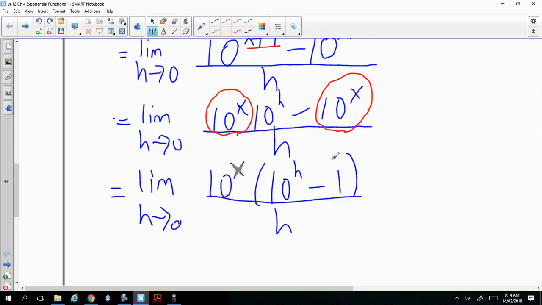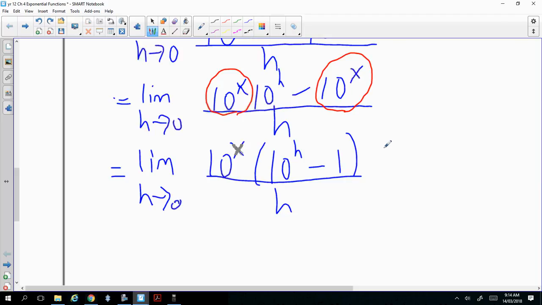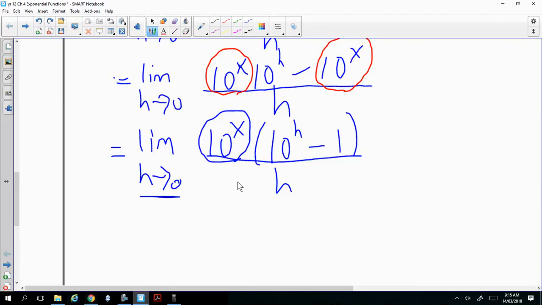So far we can't cancel h. Normally we can cancel the denominator out, but we can't in this case. But because h approaches 0, it doesn't affect the x term. So we can take 10 to the power x out of the limit because it's not affected by the value of h. So write 10 to the power h minus 1 over h.